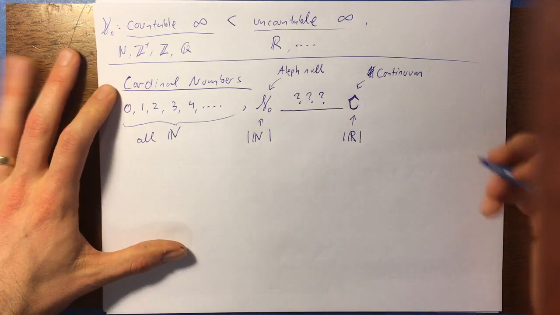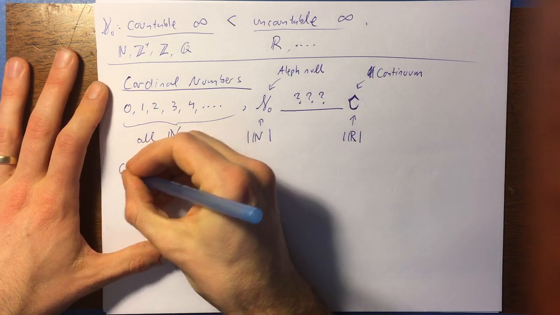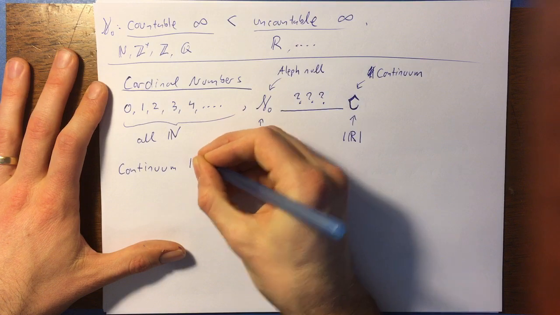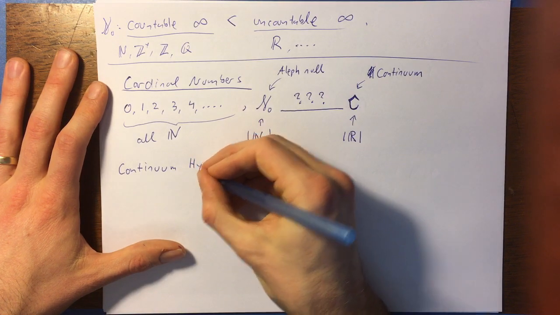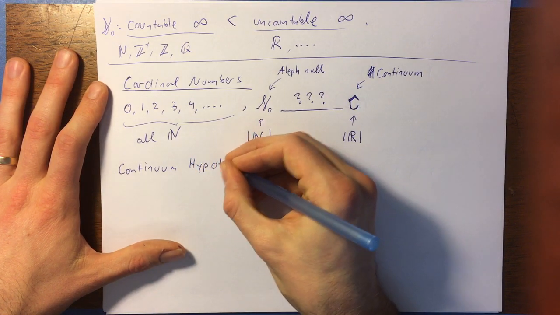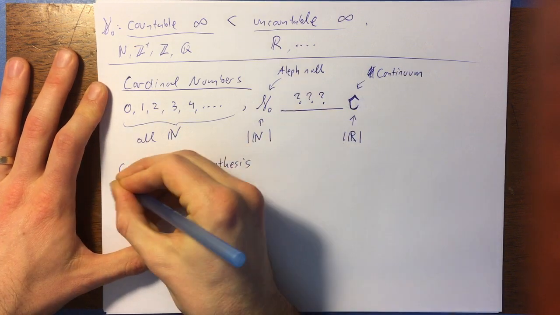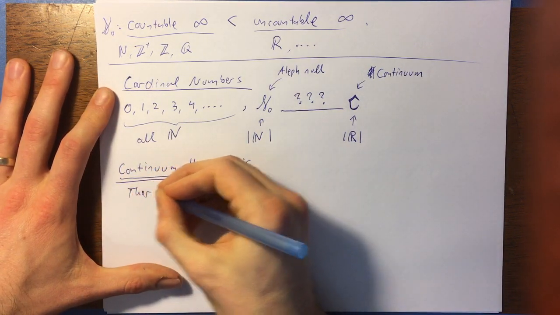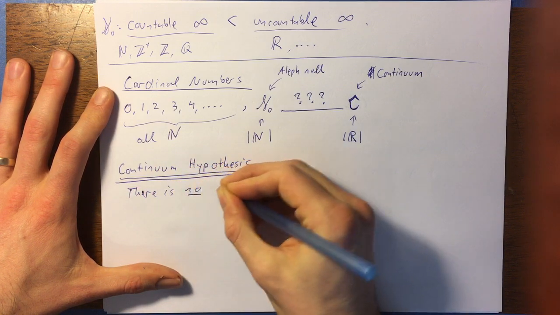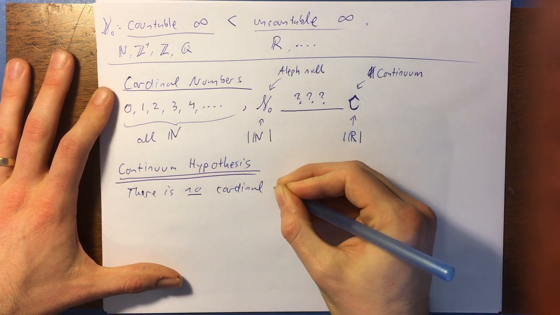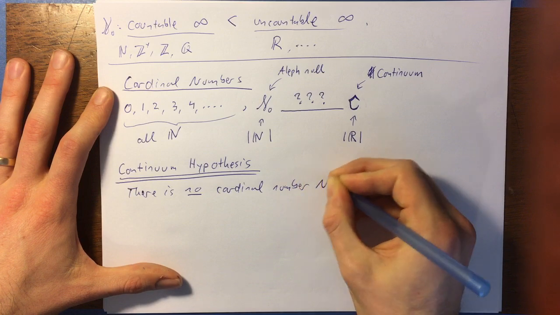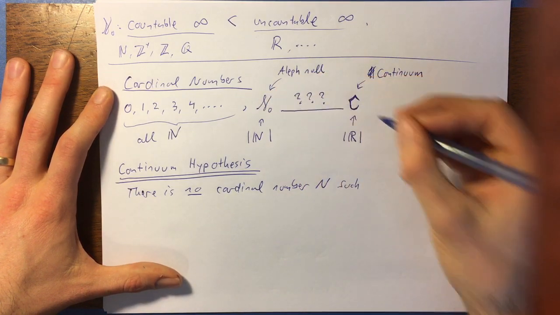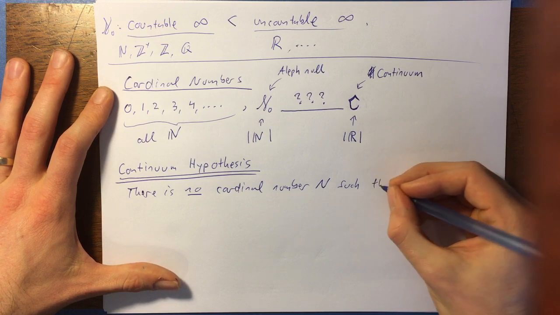That actually is a weird and confounding question. There is a famous thing in mathematics called the Continuum Hypothesis. The Continuum Hypothesis says that there is no cardinal number n that lies between Aleph null and the cardinality of the real numbers.